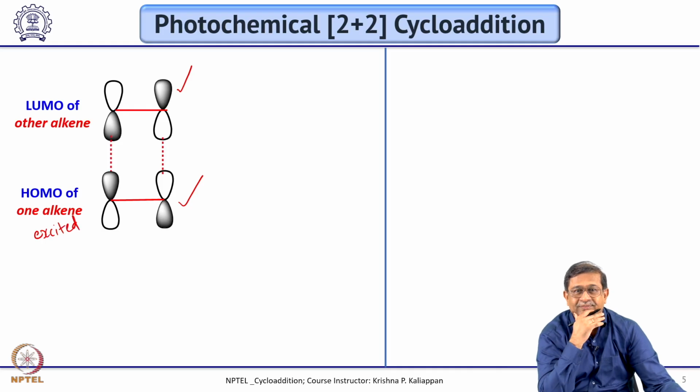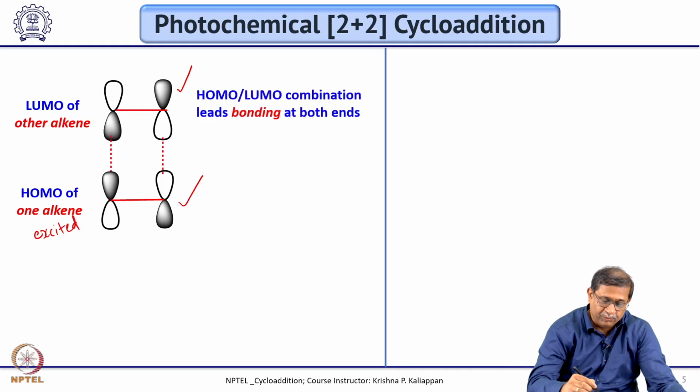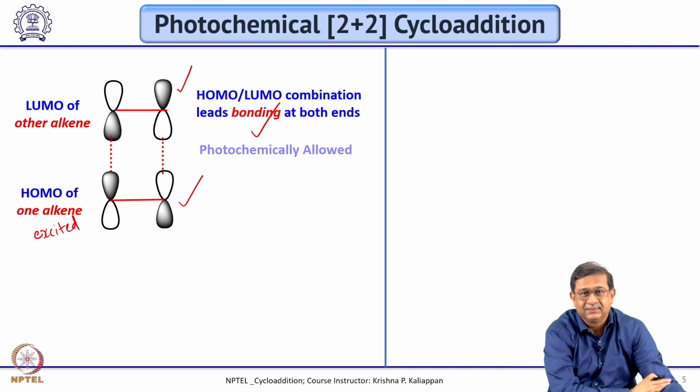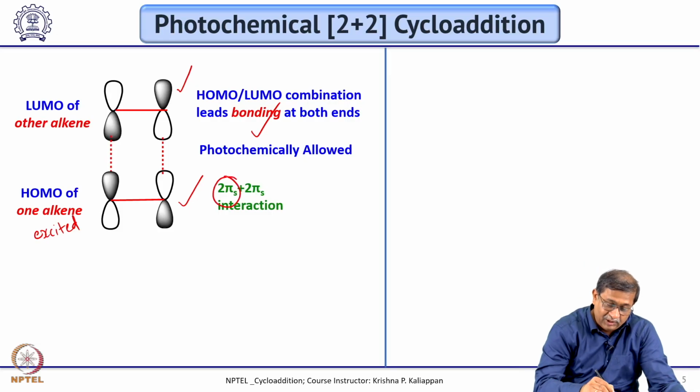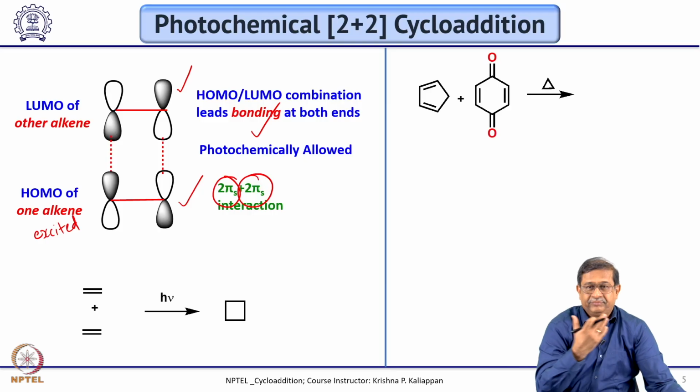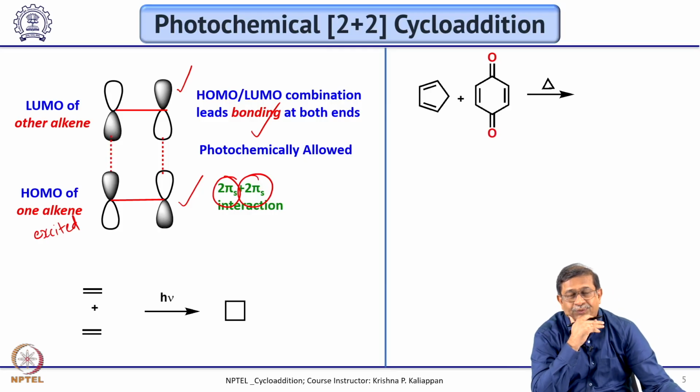The HOMO-LUMO combination gives bonding at both ends. That's why this is photochemically allowed. And more importantly, you can see both are supra-supra interactions. And there are many examples. So what we will do today is try to discuss as many diverse examples as possible under photochemical condition.